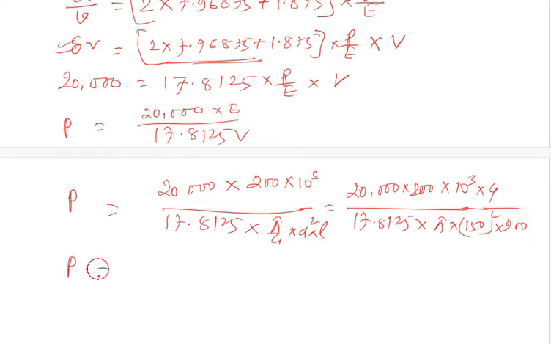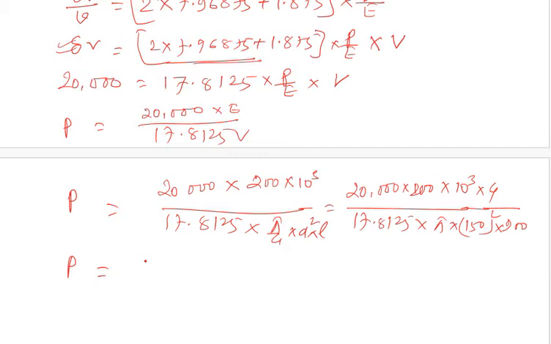Now P is equal to, let's calculate the value of entire expression, that is 20,000, sorry, into 200 into 10 to the power 3 into 4 by 17.8125 into pi into 150 square into 900.